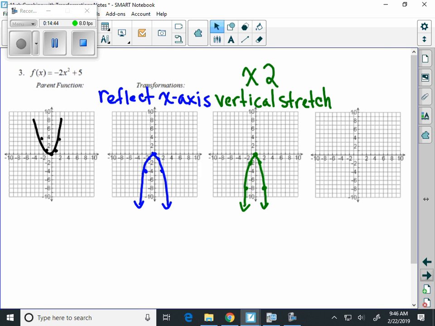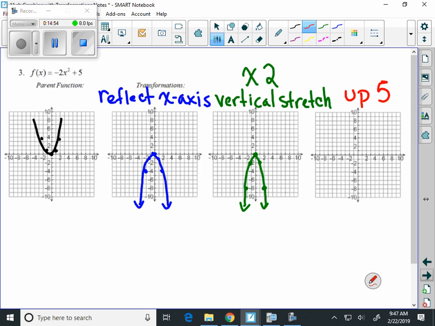But without getting lost in this graph here, the last transformation is the plus 5, which means that we're going to go up 5. I'm going to start with the vertex. 0, 0 is going to become 0, 5. 1, negative 2 is going to become 1, 3. 2, negative 8, we're moving this up 1, 2, 3, 4, 5.